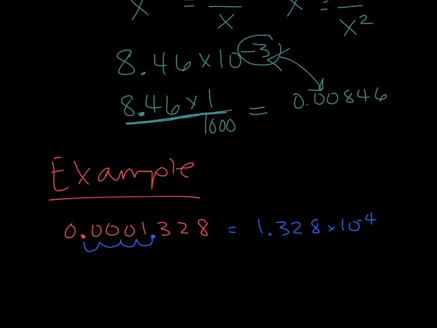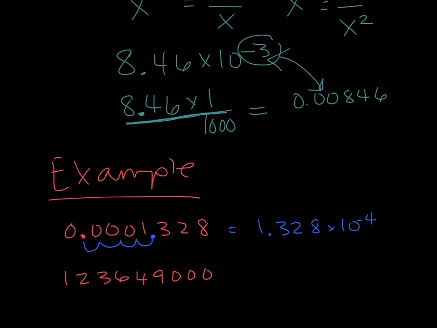So let's try another one. Let's try 1, 2, 3, 6, 4, 9, 0, 0, 0. So if I want to write this in scientific notation, then I'm going to have to put the decimal to where there's only one digit in front of the decimal. I can't just put it anywhere. I need to put one digit in front of the decimal.